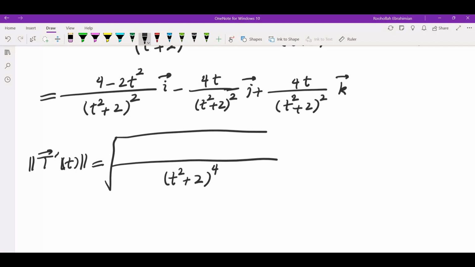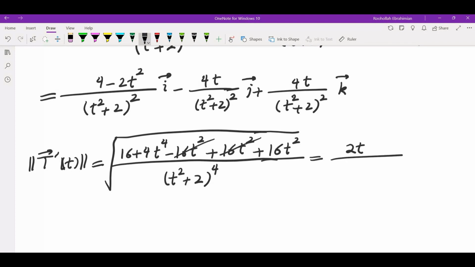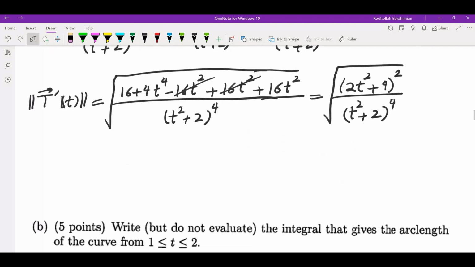And then squaring those, we get 16 plus 4t to the 4th minus 16t squared plus 16t squared plus 16t squared. So 16t squared cancels, these two cancel, and we get (2t squared plus 4t plus 4) all of that squared divided by (t squared plus 2) to the power of 4th, square root of that.